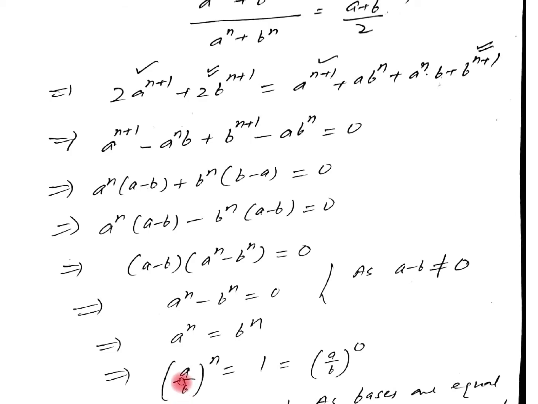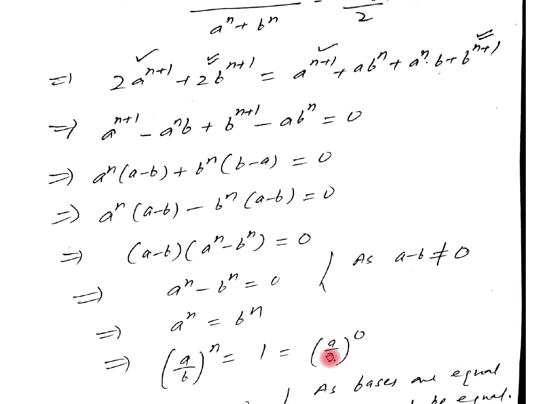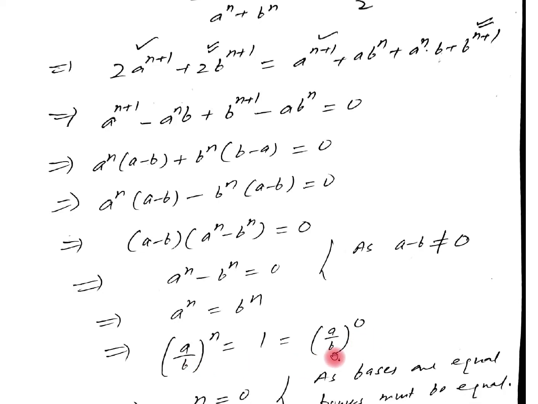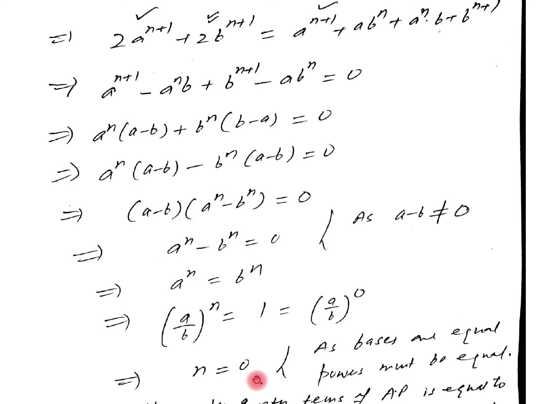Now 1 can be written as a upon b raised to power 0, because we know anything to the power 0 is always 1. So therefore now as bases are same, powers must be equal. This implies n equal to 0. In the whole question we have used the law of indices.